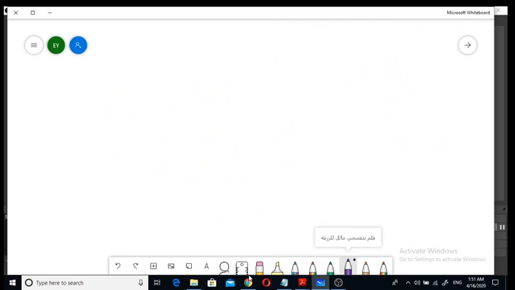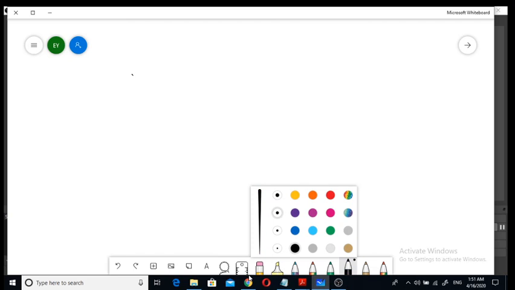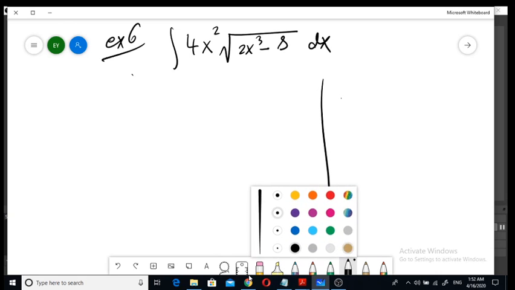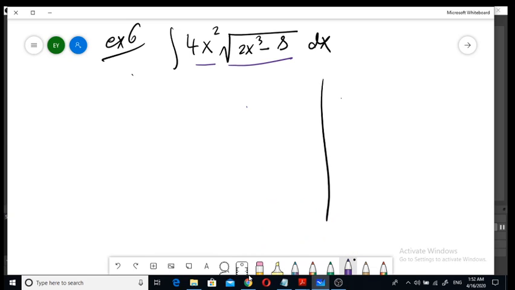Let's see the last example, example 6. If we need to integrate the function of 4x squared times the square root of 2x cubed minus 8 dx. Again we have a product of two functions, and we have a composite function, because the square root of 2x cubed minus 8 is like (2x cubed minus 8) all to the power half.